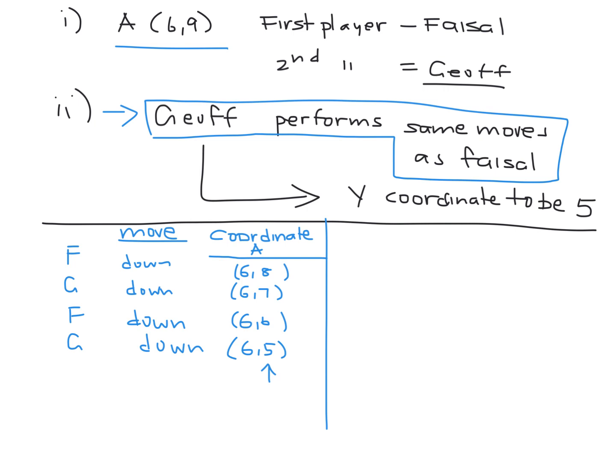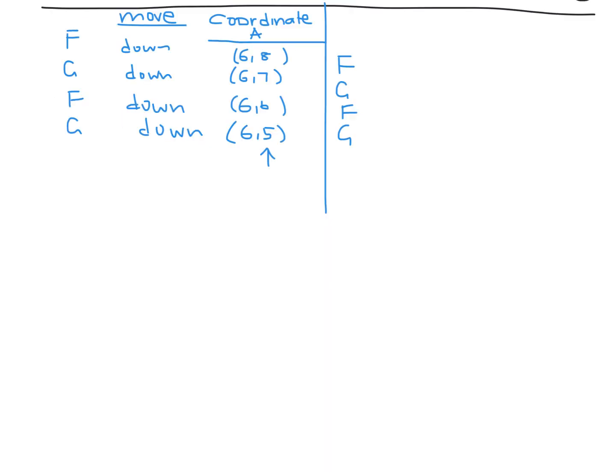Let's try another scenario. Again, Faisal, Jeff, and so on. And let's say instead of him going down, he's going left this time. All right, so the move and then the coordinate. So he goes left, and that means this goes back to 5, 9.